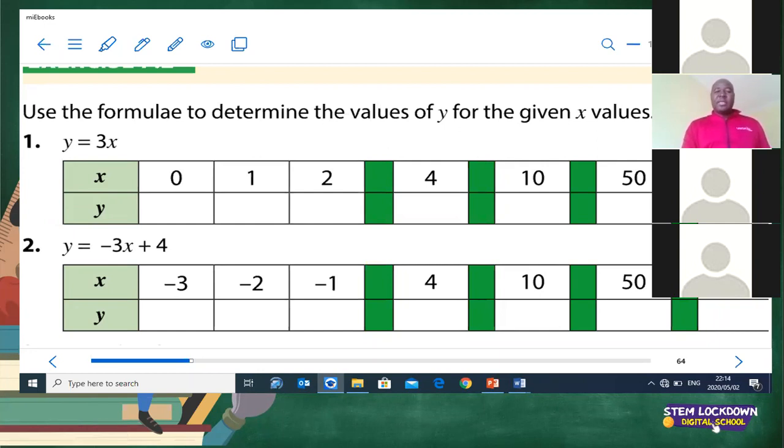And of course, this brings us to the end of our lesson in as far as flow diagrams and tables are concerned, where you look at the relationship between the input, the rule, and the output.